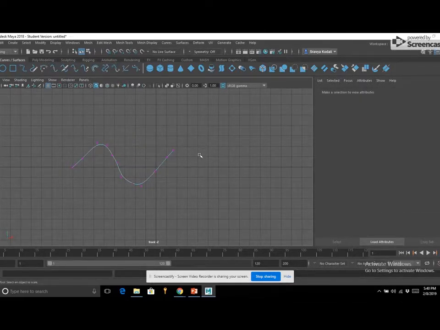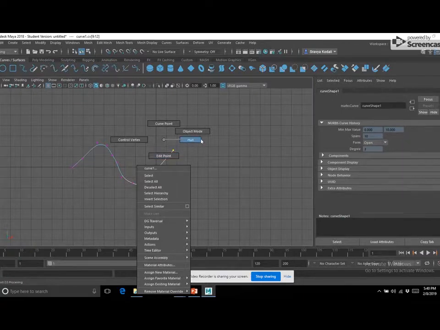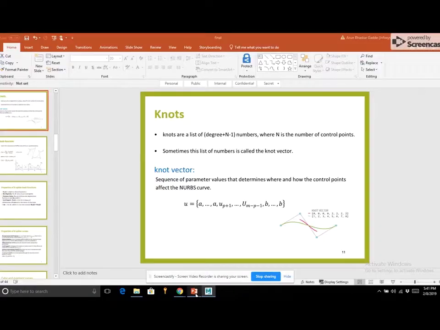Now we're done with our curve. Let us look at the hull of the curve. It is the hull which joins our control points. So this is a very simple NURBS curve, and now we'll go back to the PPT.